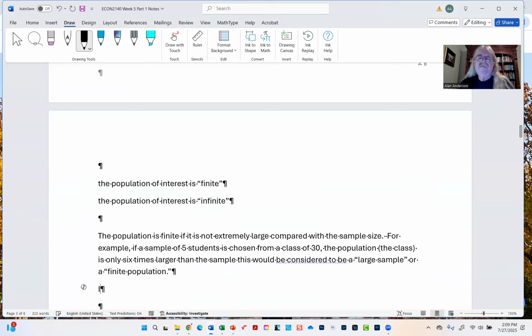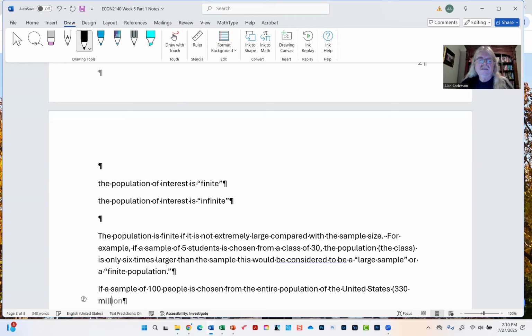On the other hand, if a sample of, say, 100 people is chosen from the entire population of the United States, which is at least 330 million the last time I checked, you could see that in this case it's a little different because the population is massive compared to that sample size.